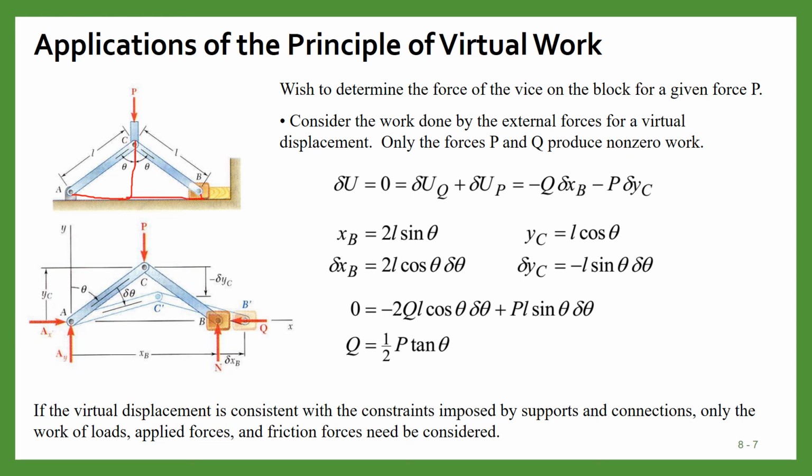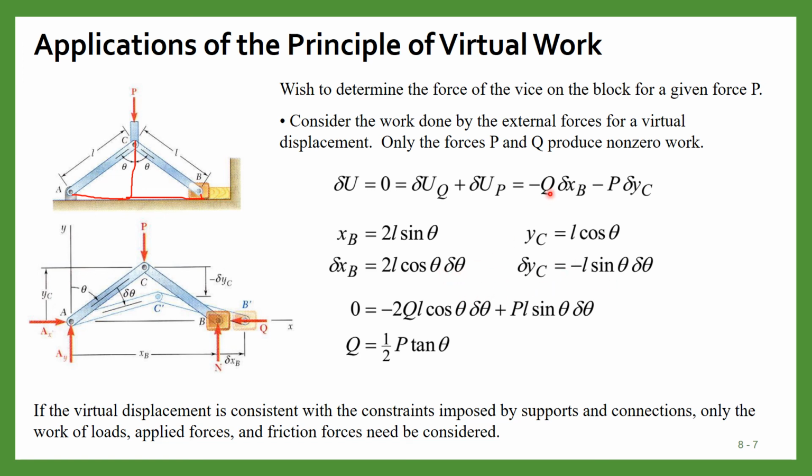So xb is equal to 2l sine theta, and then differentiating, delta x will be 2l cos theta delta theta. Similarly, you can write the expression for yc. yc is l cos theta. Then differentiating, delta yc is minus l sine theta delta theta.